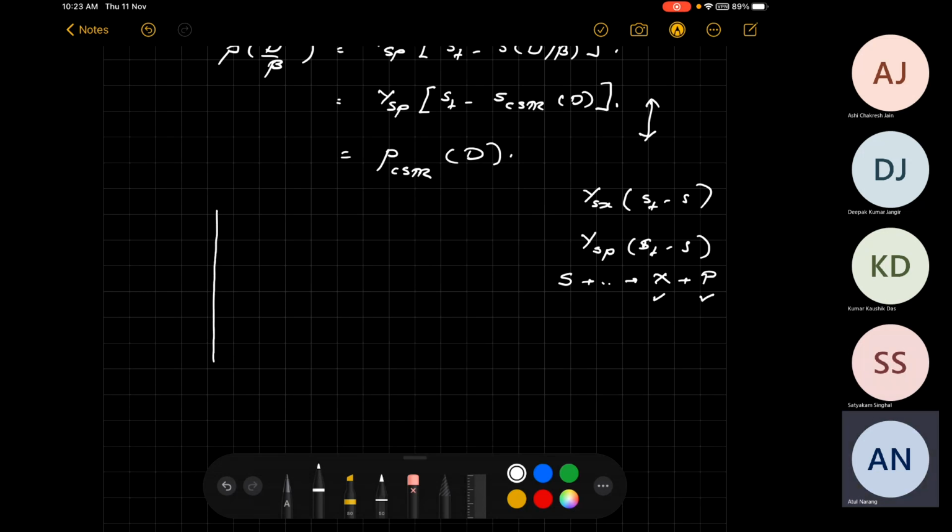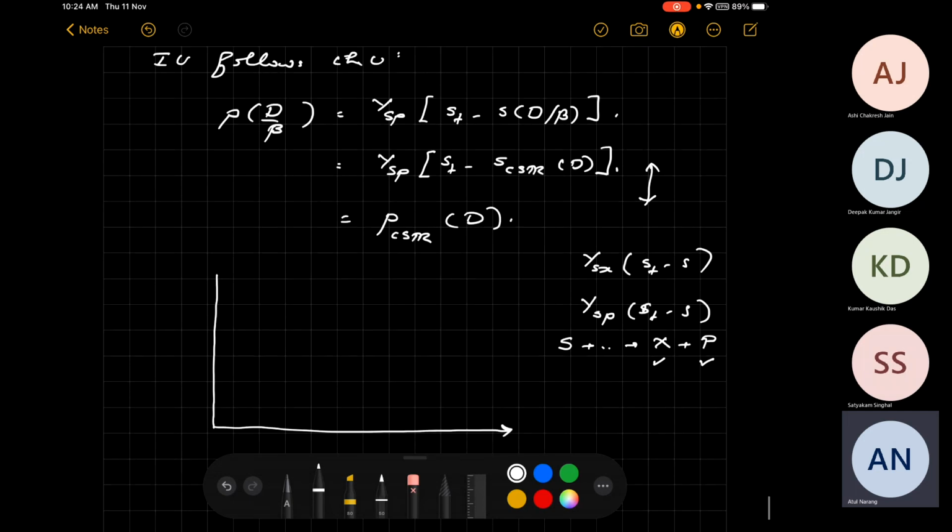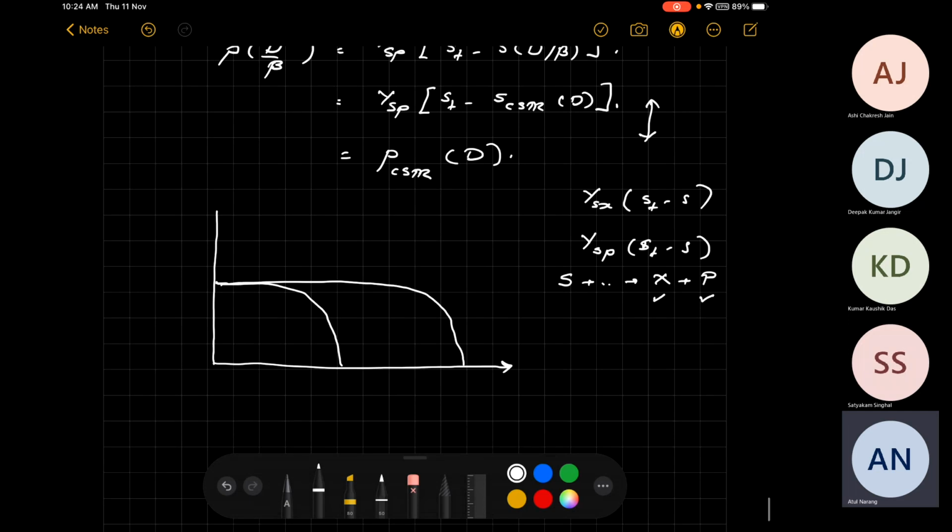So the picture now is, this product has the same structure as that we had for a CSTR. At D over beta in a recycle reactor, you will have the same concentration as the one that you got in a CSTR. It turns out that the product concentration will look like this in a CSTR, and it'll get stretched out like this in a recycle reactor.